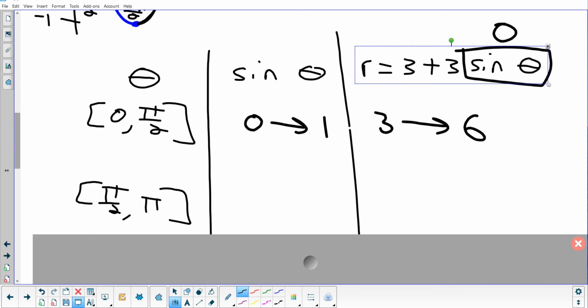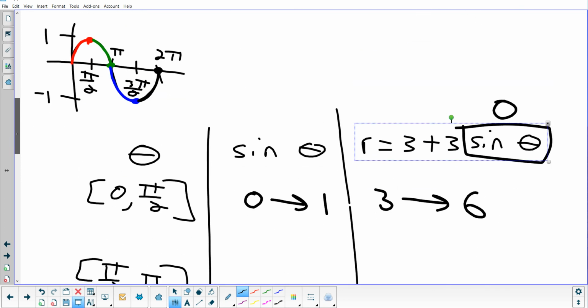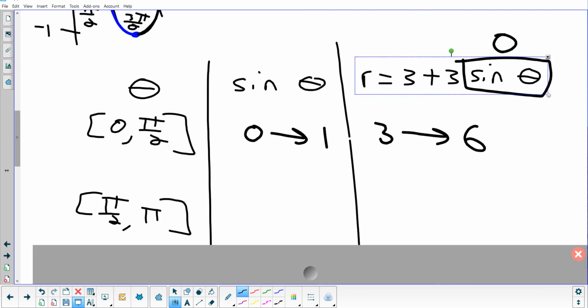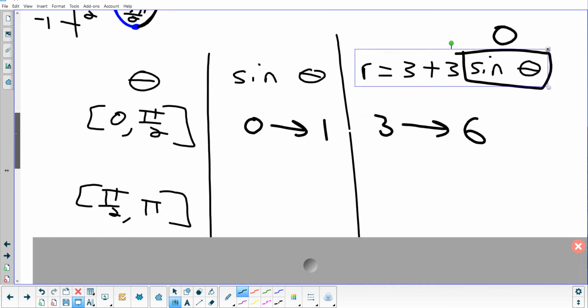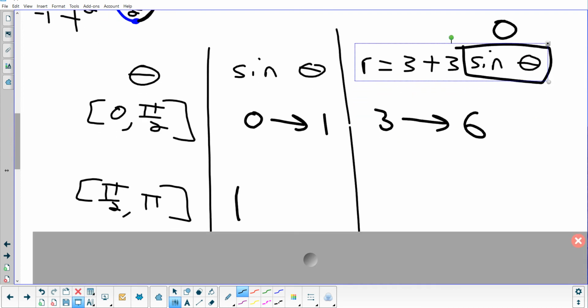Now, let's look at what happens from pi over 2 to pi. What happens to the sine function as you travel from pi over 2 to pi? 1 to 0. The sine function is decreasing, starting at 1, ending at 0. So what's going to happen to my radius? It's going to go from 6 back to 3.